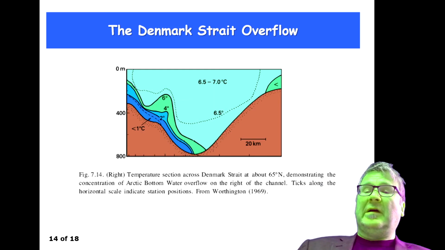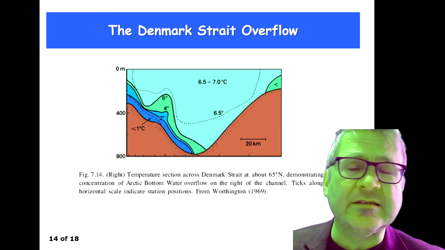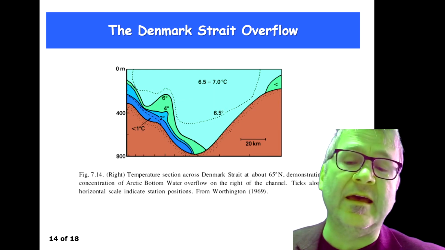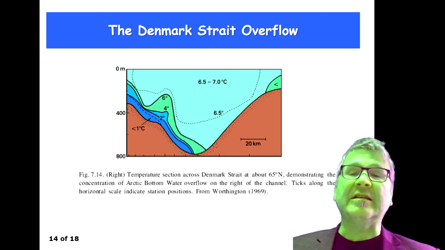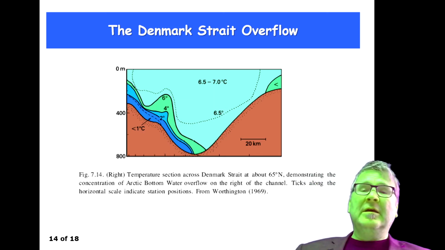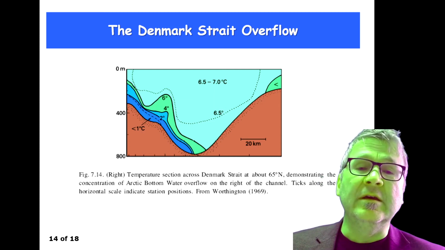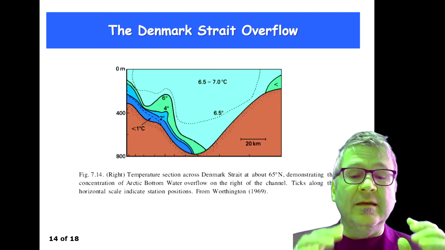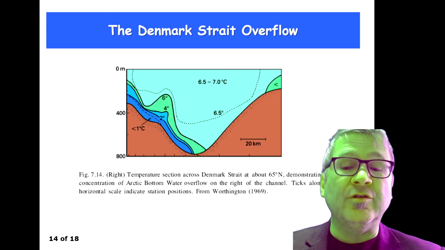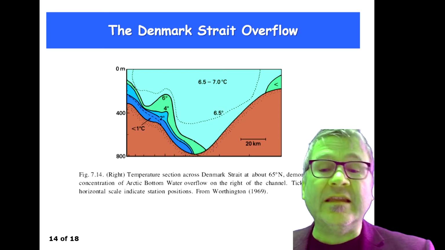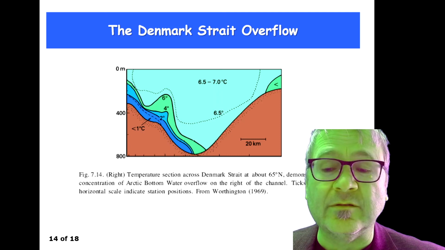Okay, so you might ask the question, why does the outflow happen on one side? Okay, and it actually happens on one side because of the Coriolis force. Because of the Coriolis force, and you actually look into the Greenland Sea in this plot.